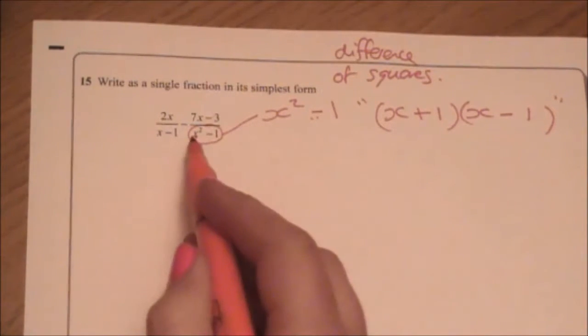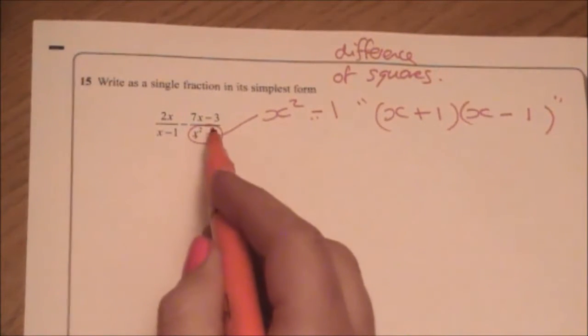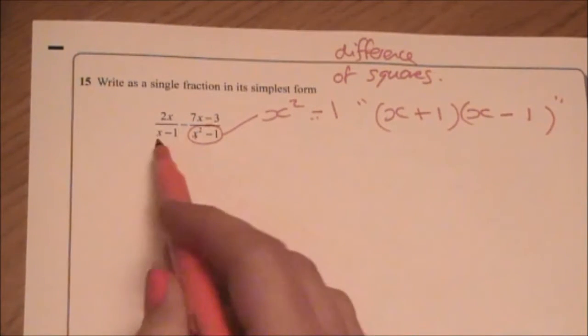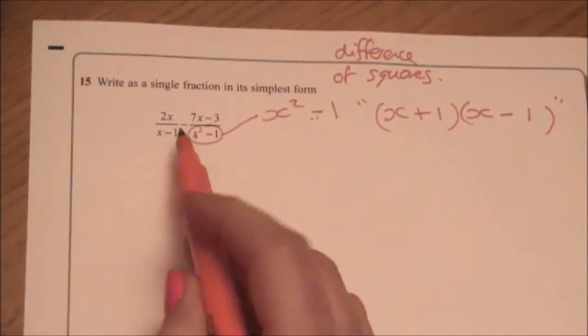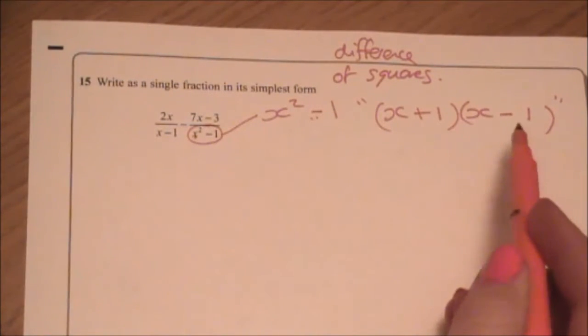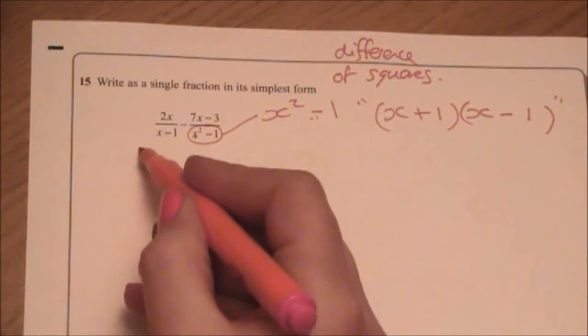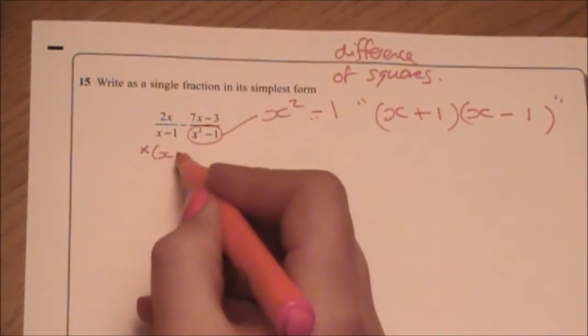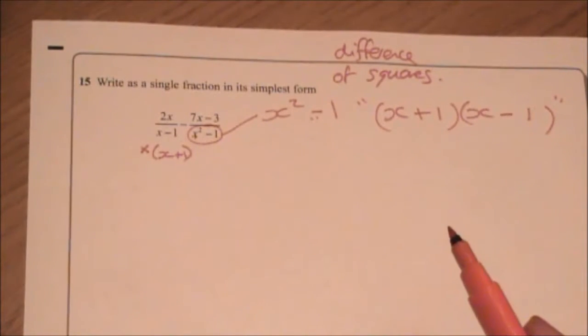Now for the second fraction, that's fine because I know that it factorises into that. But for the first, I've got x minus 1. I need it to be x plus 1, x minus 1. So what I need to do here is multiply this fraction by x plus 1.